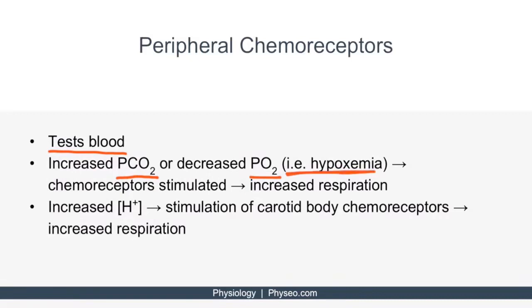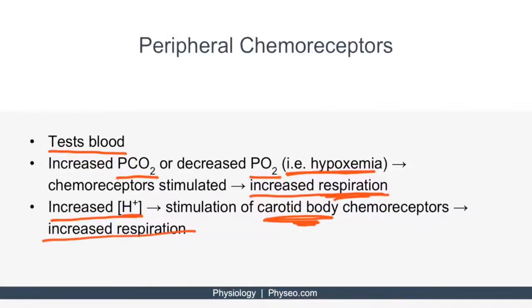And once stimulated, they will increase respiration by sending their signals to the medulla, and the medulla will cause this increased respiration. Also, increased hydrogen concentration or acid will stimulate the carotid body chemoreceptors. And it's important to recognize that increased acid really stimulates the carotid body chemoreceptors, not the aortic body chemoreceptors. And once stimulated, respiration will increase.